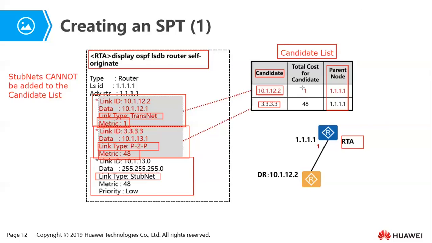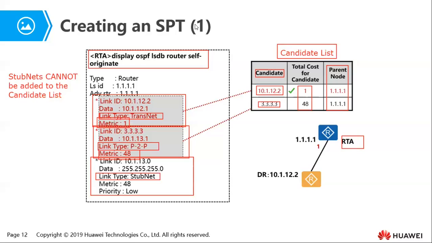Now, of the 2 in the candidate list, we look at the cost, and we add the candidate that has the lowest cost to the SPT. So here we are going to add this particular one because it has the lowest cost.